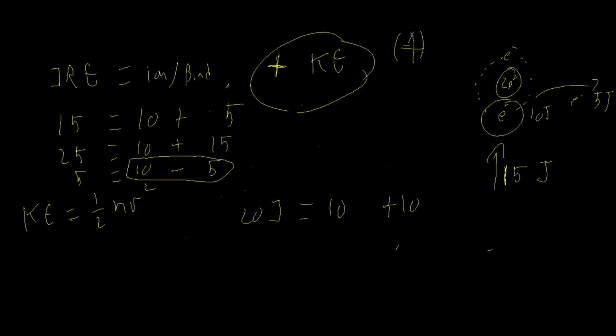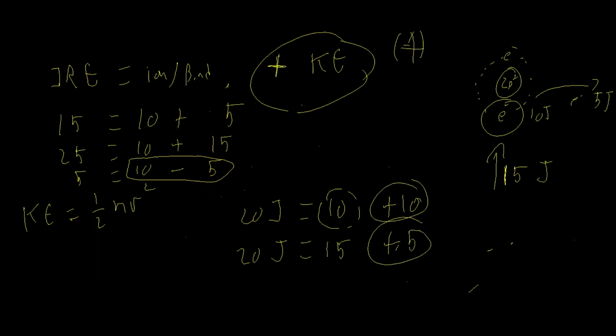The rest would go into kinetic energy, and then again, constant energy, 20 joules. The second ionization energy, you know, is always going to be higher than this value. Let's call it 15. That would mean I have 5 left over for kinetic energy. So the kinetic energy of my second ionization energy has to be less than the kinetic energy for the first, if it's even removed. If there was a big jump featured, this might not be enough energy to actually remove the electron. And that's what they mean when we're talking about incoming radiation energy.